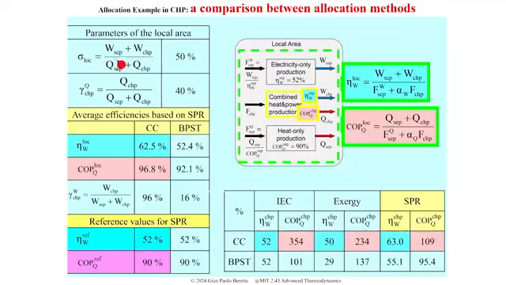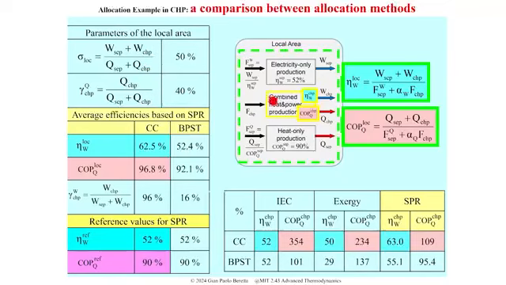In this example here, you have to define how important cogeneration is in your local area. And so you have to define an electric index, which is 50% in this case. That means that heat is like twice the work.